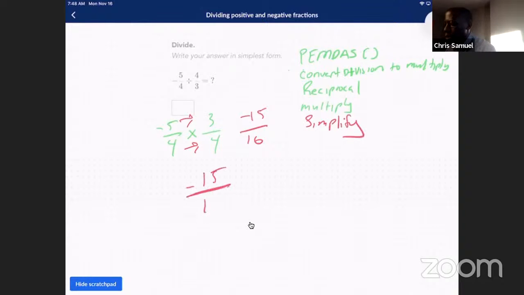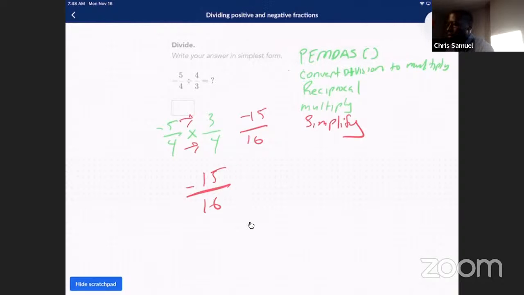Looking at this number here, you can't simplify by dividing by 2. Well, we could divide by 3 here, but this one probably wouldn't work because 2 times 3 won't work. 4 times 3 is 12. 5 times 3 is 15.